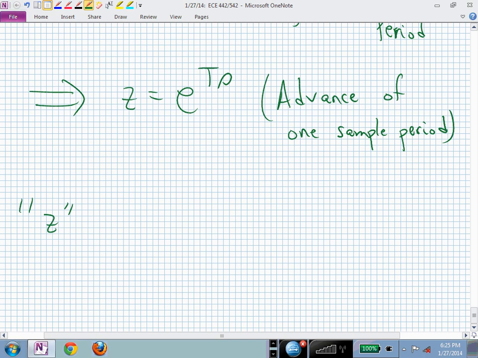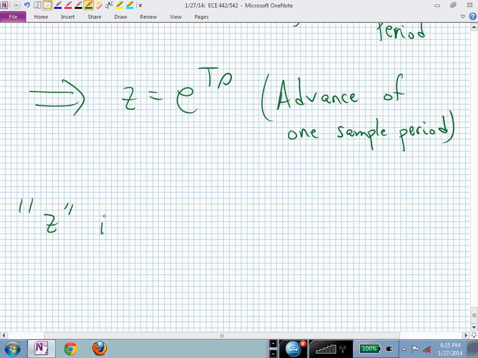So we could sort of say, oh, well, that's just advanced one time step from this value. Well, I haven't started yet. Here, that's another advance. So as long as you define where you start, you can write this in terms of advanced relationships or delayed relationships. It really doesn't matter. So it's nice to know that z and z to the minus 1 are advances and delays.